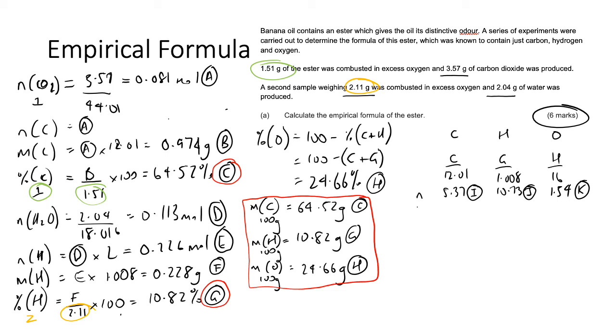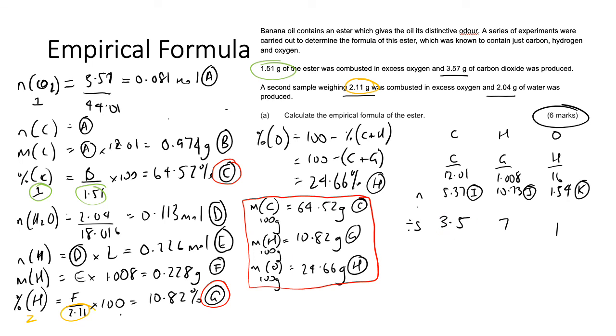Okay, so now that I have those, I can work out which one's the smallest and divide by the smallest, which happens to be K, so that's going to be 1. This one happens to be 7, and this one happens to be 3.5, 3.49, if you saved your values in your calculator correctly. So I've got a half here, so this is not a simplest whole number ratio yet.